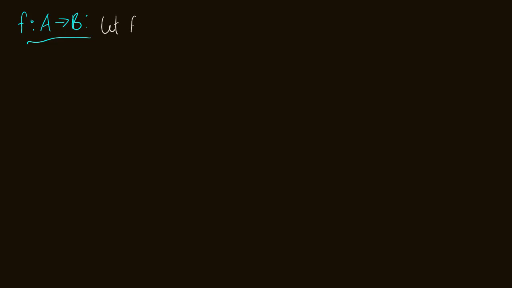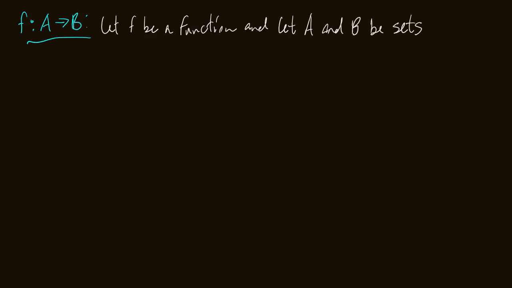let f be a function and let a and b be sets. There we go. Now what? What we say is f is a function from a to b, right? So here's what we're going to say.